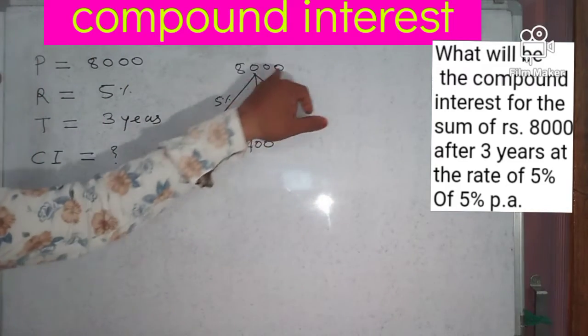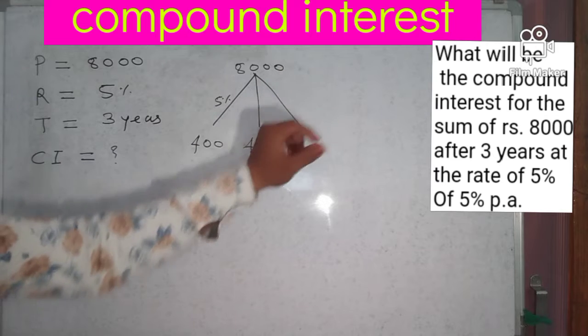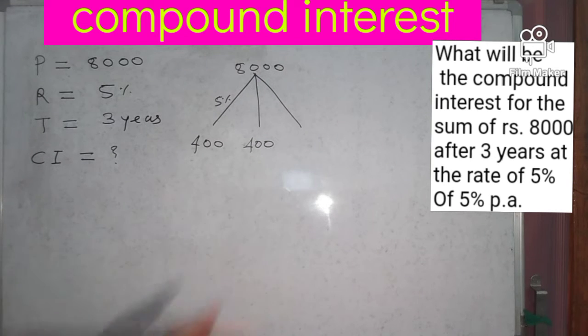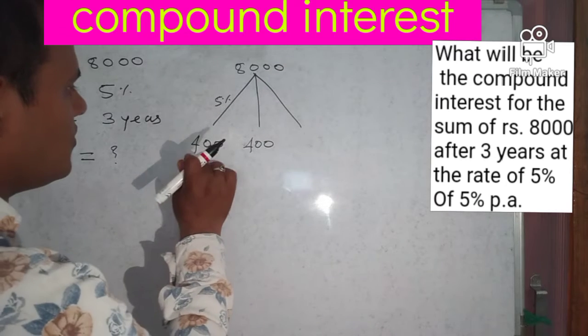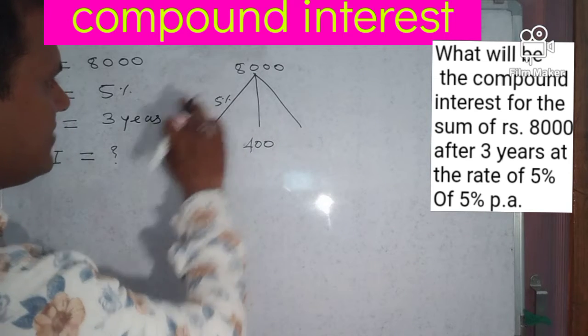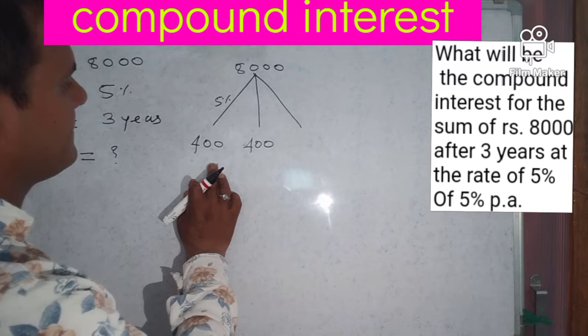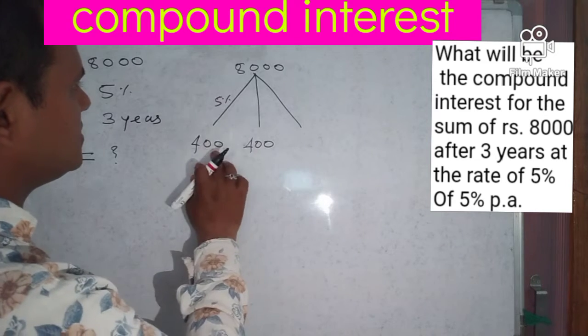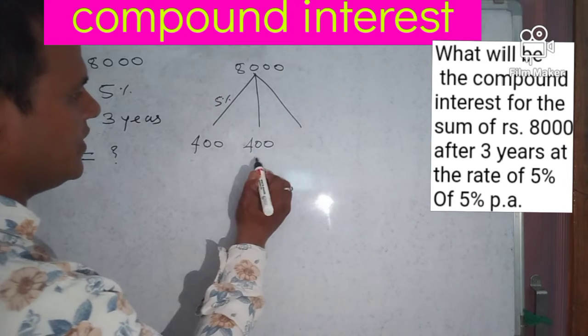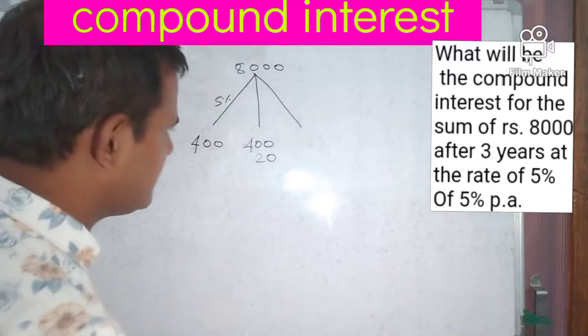So we have 8000 of 400, right? We need 5% of 400 also. So at 5% it will be 20, right?